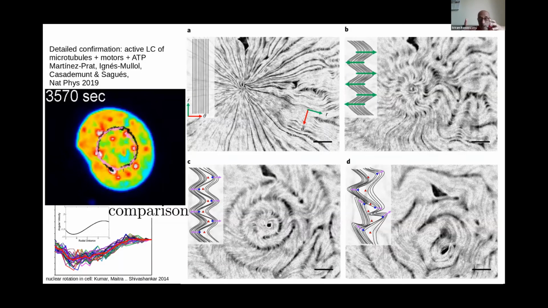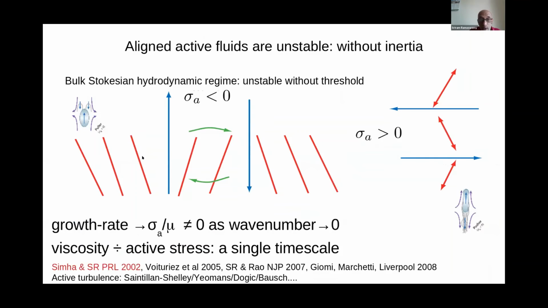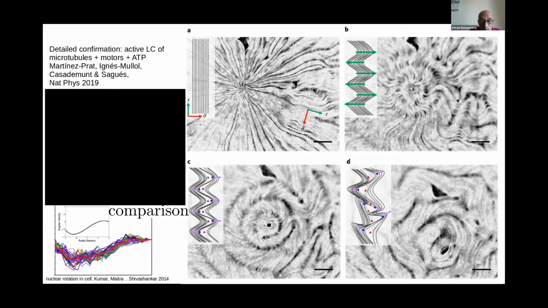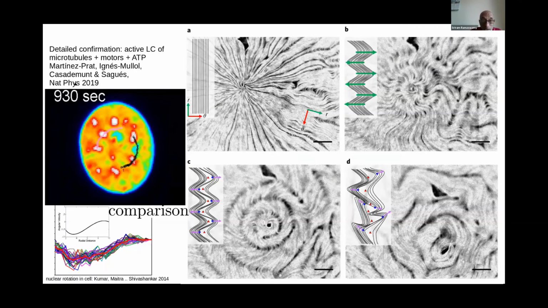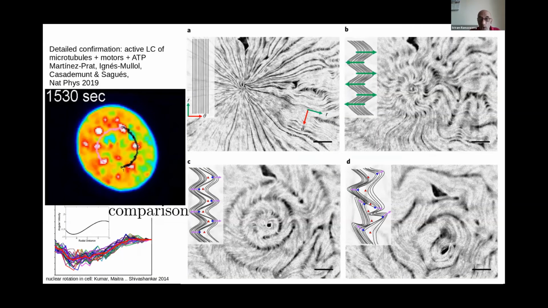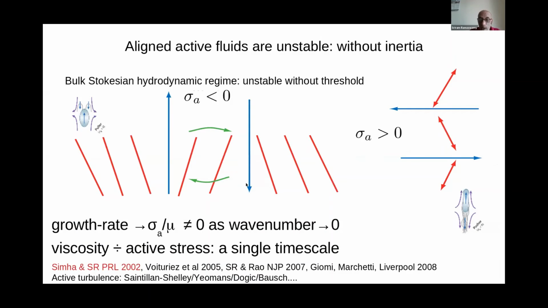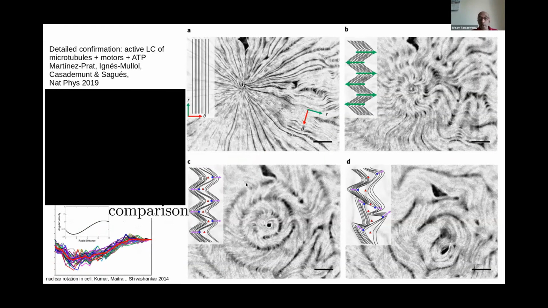It spreads and becomes a large circular cell with a nucleus inside, of course. And what happens is that this alignment and slight tilt of filaments takes place in the region around the nucleus. It gives rise to these kinds of flows, and those flows rotate the nucleus.